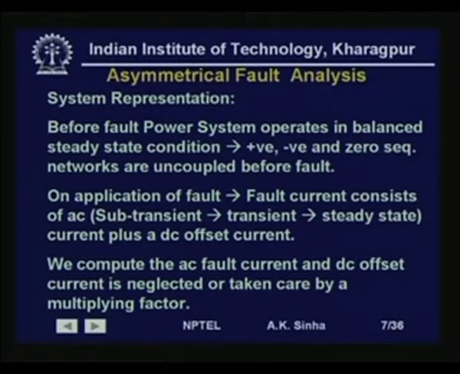Now, what do we do about this DC offset current? Generally, we compute only the AC current, and for the DC offset current, we use some kind of a multiplying factor to get the maximum asymmetrical fault current flowing in the system.